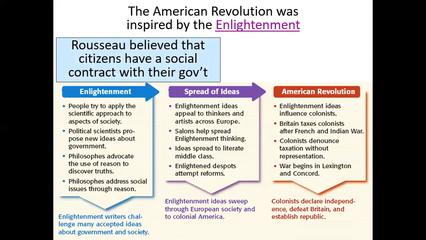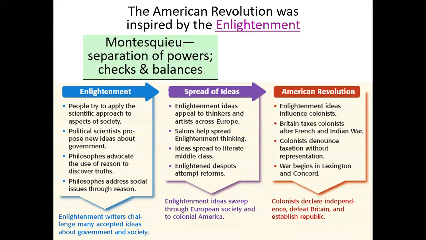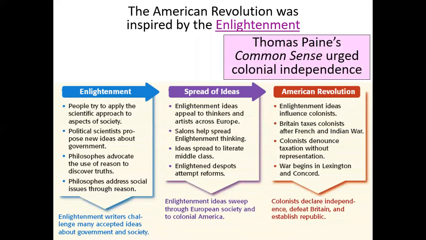Rousseau, we have a social contract with the government. They get their power from us, the people. And we have Montesquieu with the separation of powers, the branches of government, checks and balances. They keep each other in check so no one gains too much power. And Thomas Paine, yeah, strongly urging colonial separation and independence.